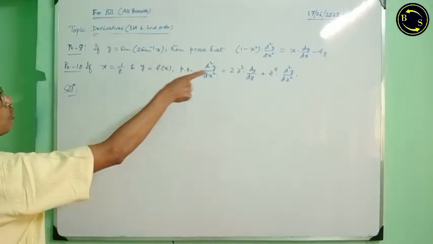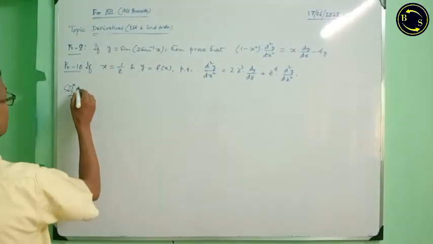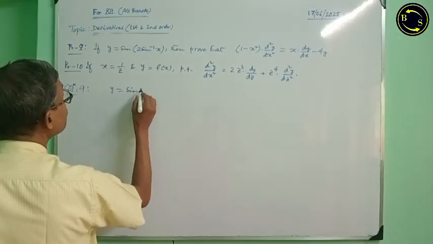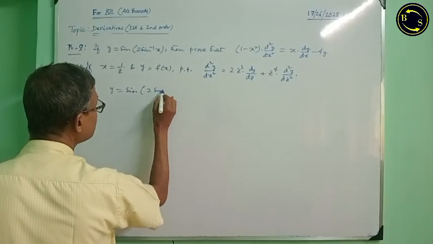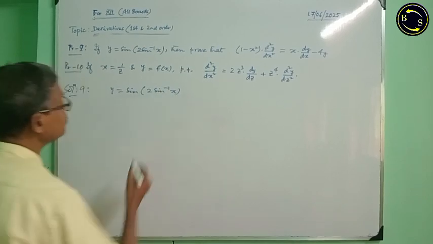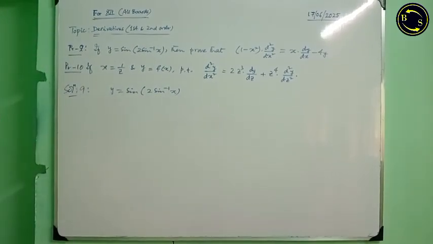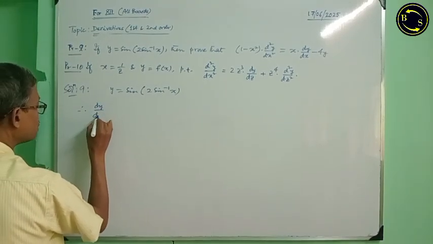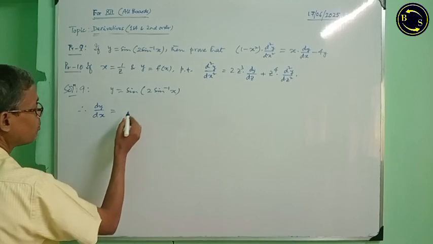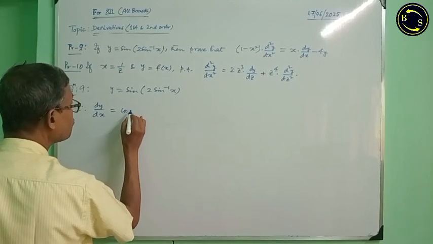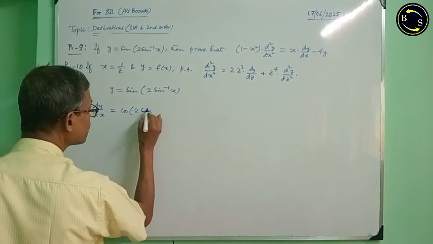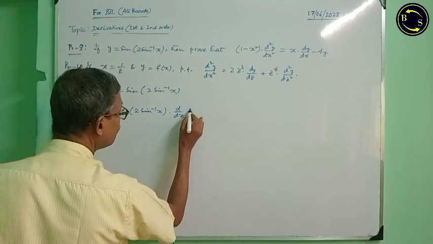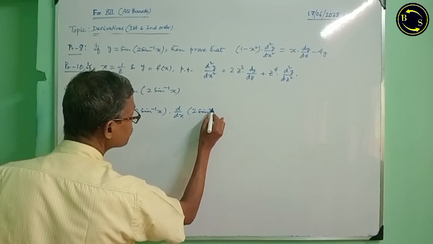y equal to this, we have to prove that y equal to sine of 2 sine inverse x. Function of function form, therefore dy/dx is equal to sine theta form, cos theta, that means cos of 2 sine inverse x into d/dx of 2 sine inverse x.